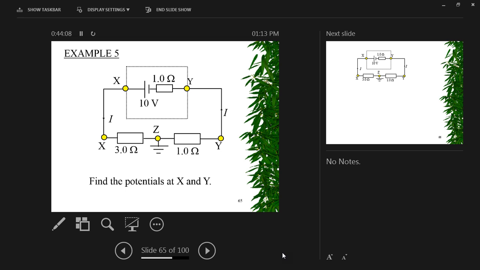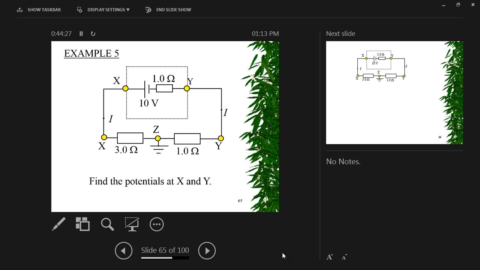Okay, and the battery has an internal resistance of 1 ohm. It's connected to 2 more resistors in its circuit, so technically all the resistances are in series. Okay, but there's a special circuit component that I've inserted here. What's the circuit component? The earth.